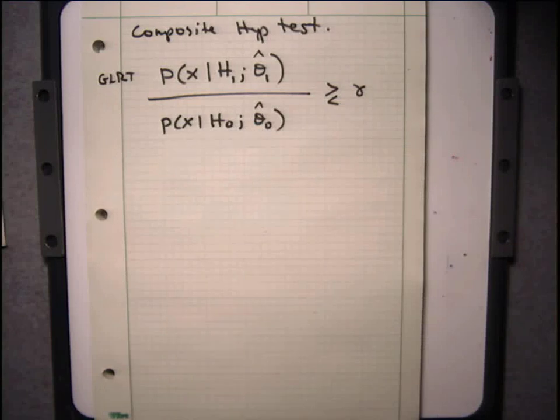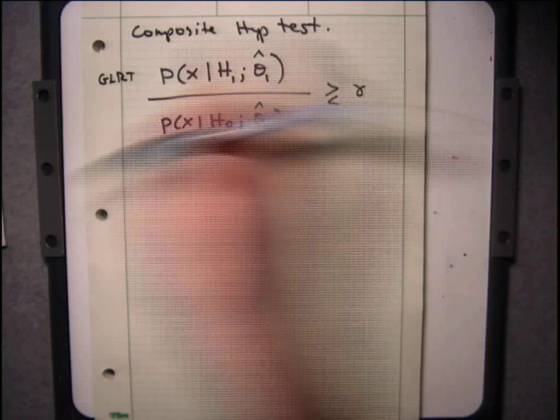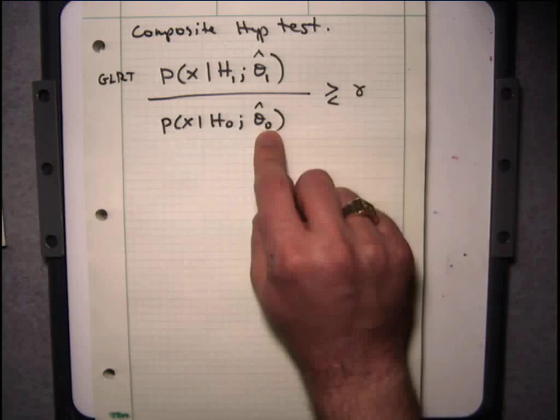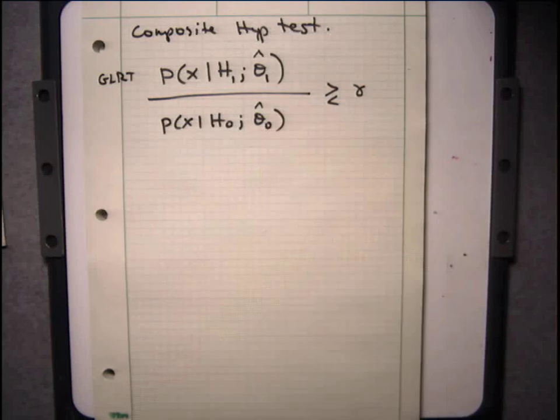All right. In general, this does not have any optimality properties. However, if theta 1 and theta 0 are very close to each other, and we know that theta 1 is bigger than theta 0, so what we have is a one-sided test, then you have a local optimality. In other words, for values of theta 1 very close to theta 0, we can do an approximation of this likelihood ratio test using a Taylor series expansion, and then we have a locally optimal test.